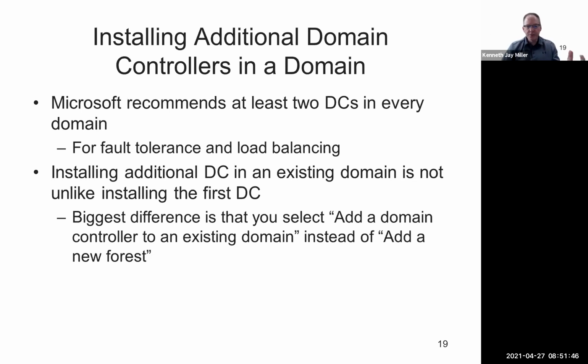If I log into server 1, go into Active Directory Users and Computers and create a user account, in about 15 minutes I can log on to server 2 and I'll see that user account magically appears over there because it will replicate across the domain. Okay, so that's very important. We want that to occur, and it's a best practice to have at least 2 of them.